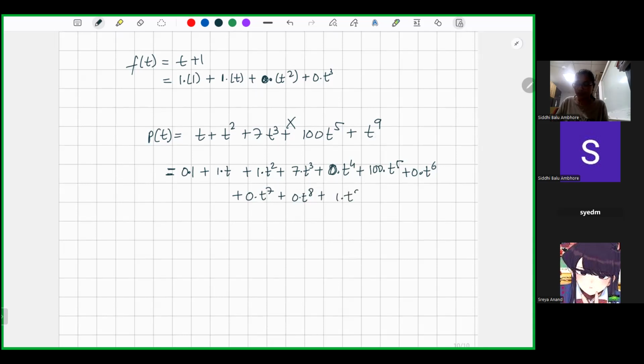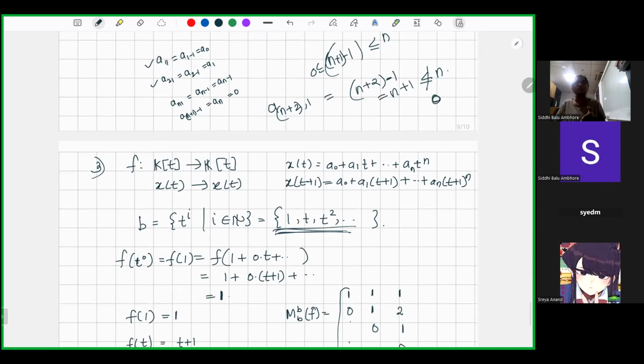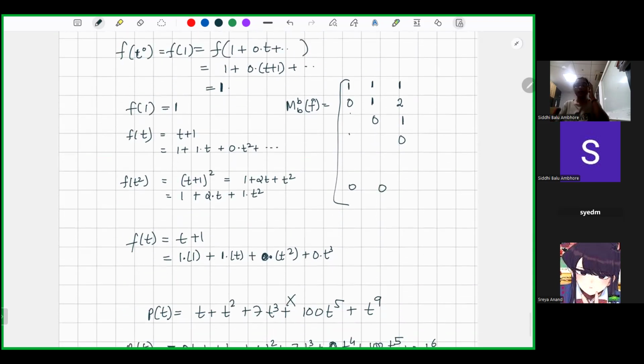So 1 into t power 9, and again for the rest it is 0. So 0 into t power 10 and so on. So I am just expressing this polynomial in terms of elements from the basis. My basis has all the elements 1, t, t square and so on. And I am writing those as coefficients here in the column.